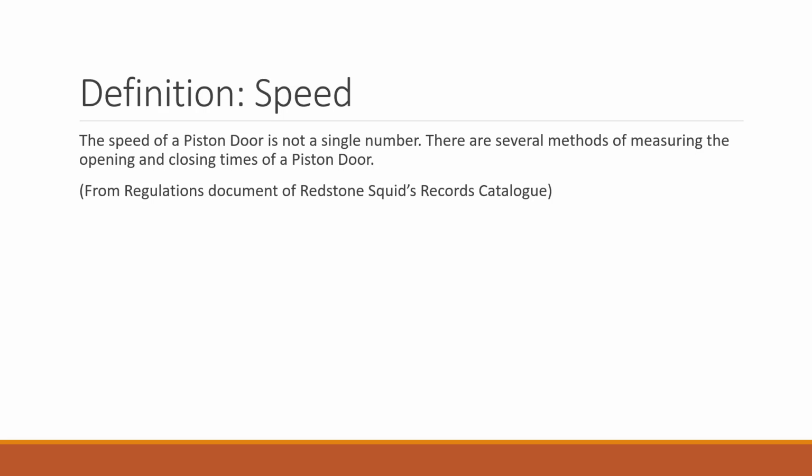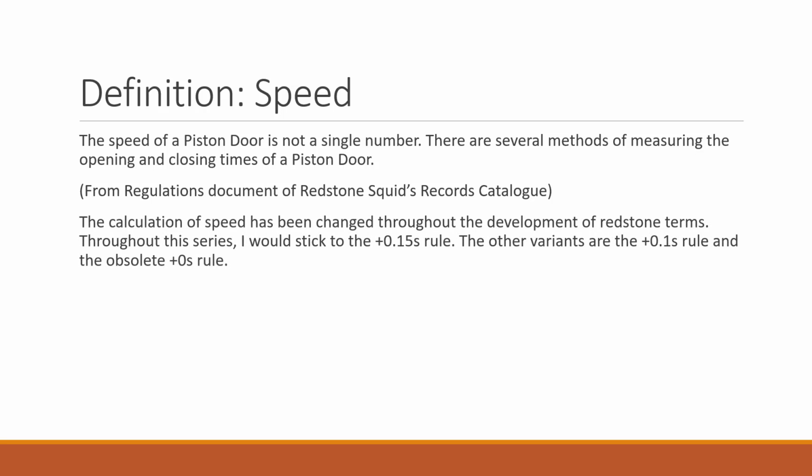Now, besides the fact that there are several numbers that you can measure the speed of a door, there are also different calculations of speed as well. Throughout the series, I have been sticking to the 0.0 plus 0.15 second rule. And the other variants are the 0.1 second rule and the obsolete 0 second rule.